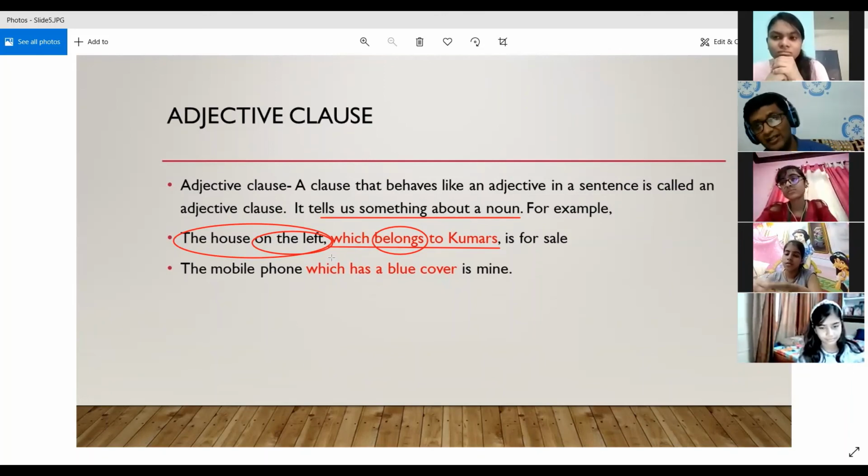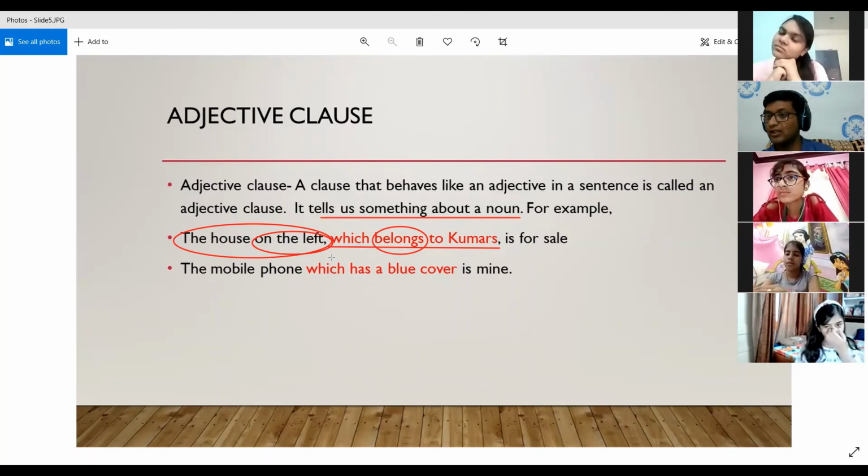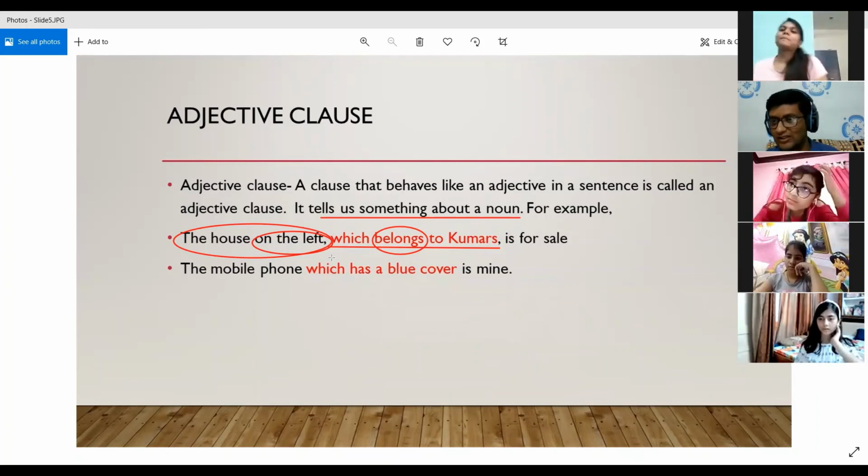So we are still getting extra information. Both are performing the roles of adjectives, but the first one, on the left, does not have any verb, while the second one, which belongs to Mr. Kumar, has a verb, belongs. That is why the first one is a phrase and the second one is a clause. Understood? And then the rest of the sentence is for sale.